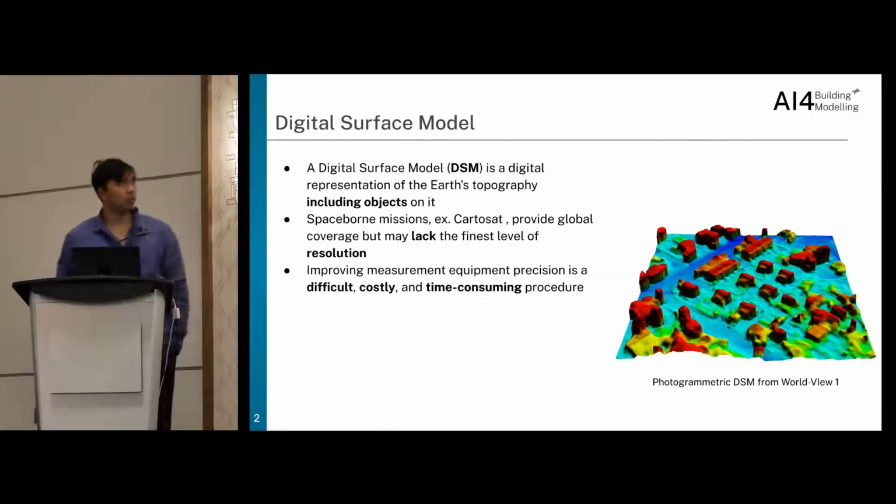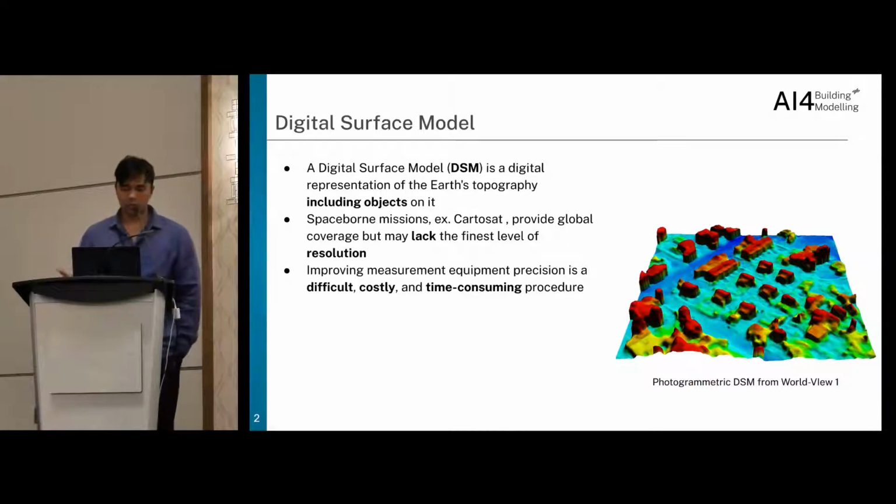To get the same understanding of what a DSM is, a digital surface model is a digital representation of the topography, including all the objects in it, like buildings, vegetation, or some street objects. One of the ways to get this data is using satellites. One example you can see on the right-hand side of the slide comes from WorldView-3.